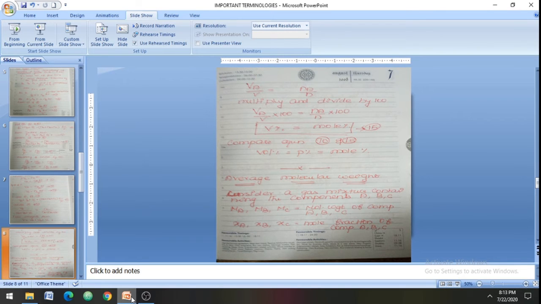Replacing this expression, VA divided by V is equal to NA divided by NA plus NB plus NC, which is N. NA divided by small n. Here multiply and divide by 100. Multiplying and dividing by 100 means the value does not change, right? No change in the value.